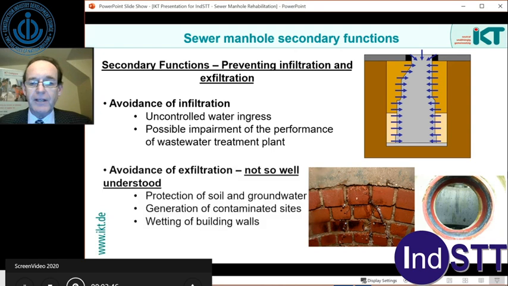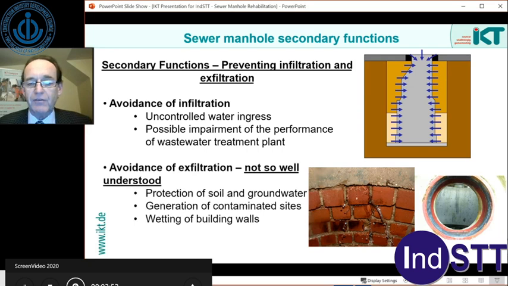And conversely, you can get exfiltration of sewage into aquifers as a result of damage to sewers. You've got to remember that apart from the chamber, you've got the seals which connect into the water supply, the pipes going in and out of the manhole.